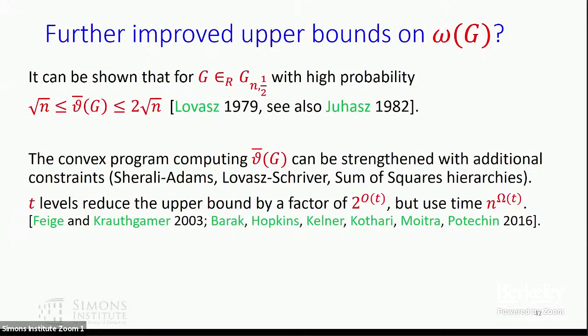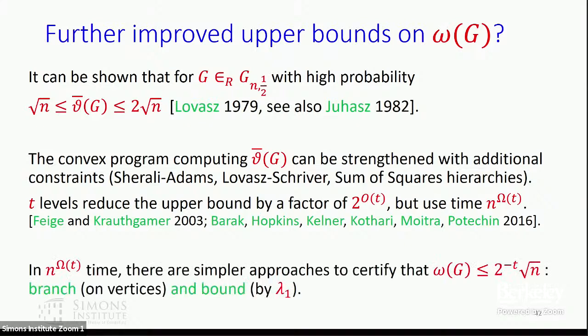But the running time that they use is something like n to the order t. So you spend much more running time for each factor of 2. Let's say for each factor of 2 that you reduce, you spend a factor of n more time. So you cannot go beyond a constant t in polynomial time, and this is still omega of square root n. So this does not seem to give us very much.